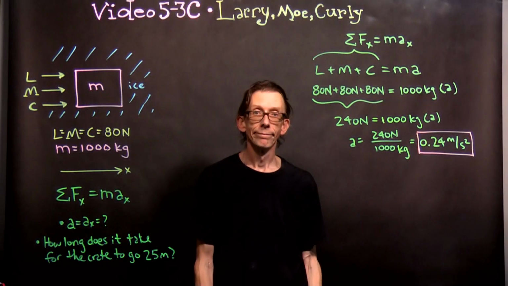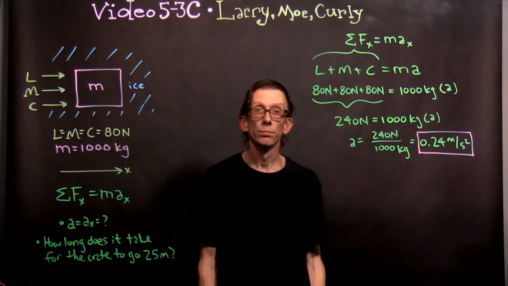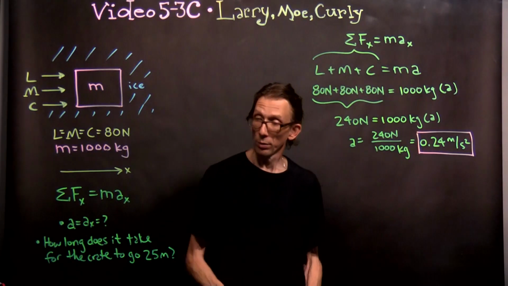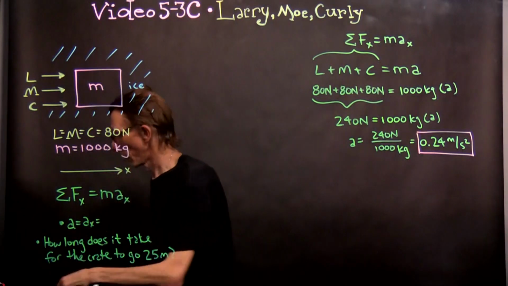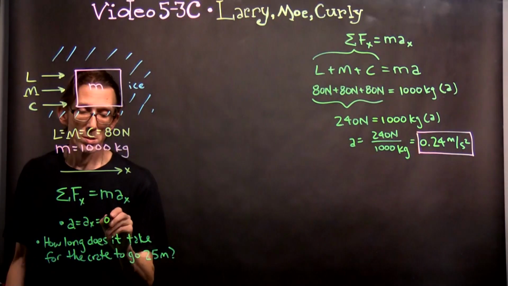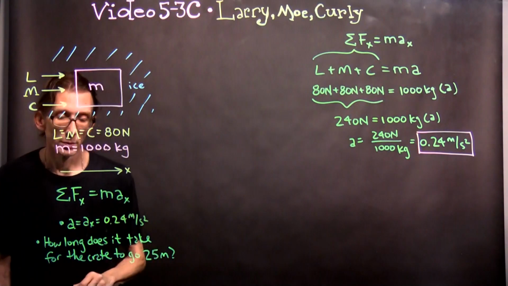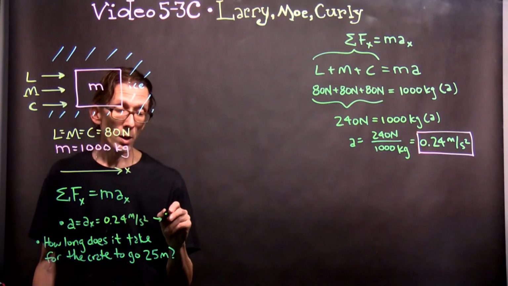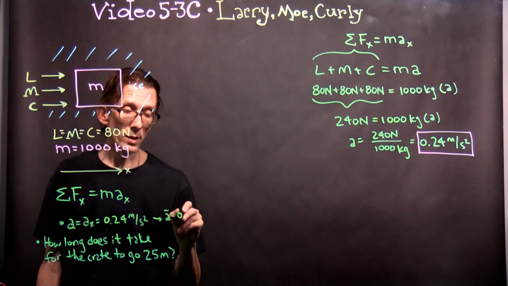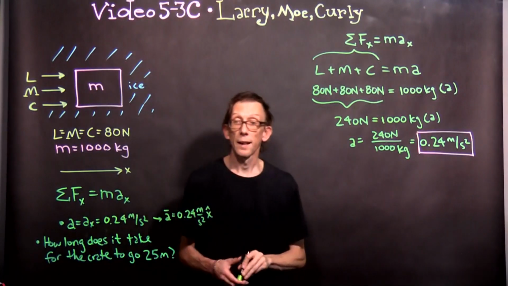Okay. Simple application of Newton's second law. Now, so A sub x is equal to 0.24 meters per second squared. And if we want to draw it in full-blown vector form, we'd say A is 0.24 meters per second squared in the x direction, x hat, like that.